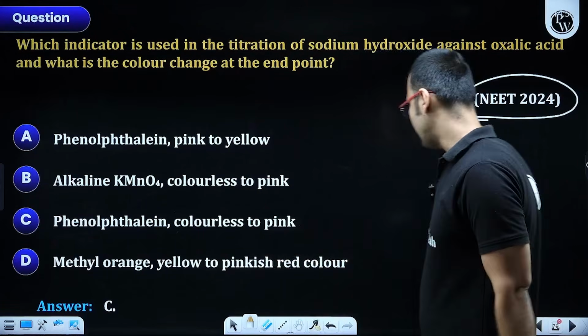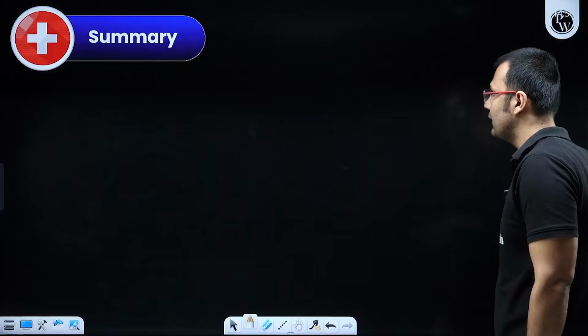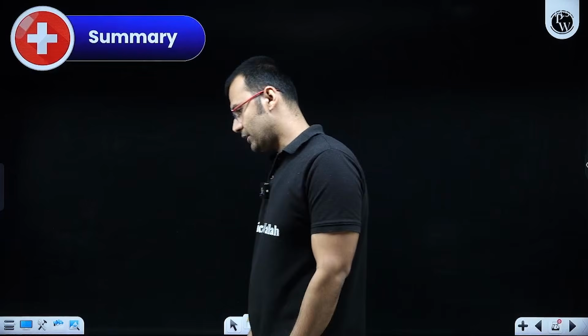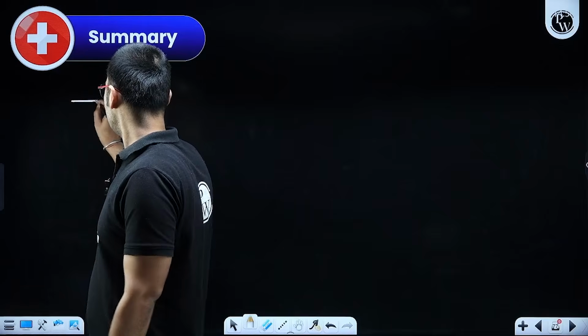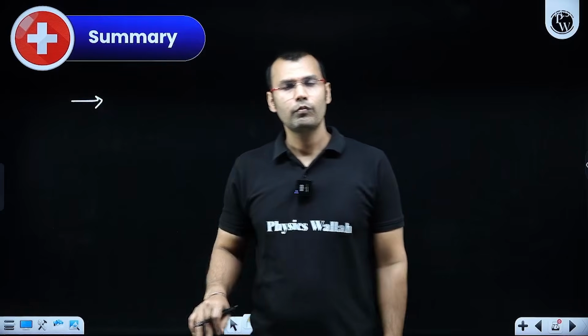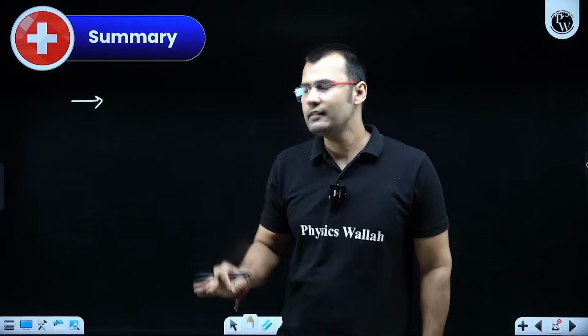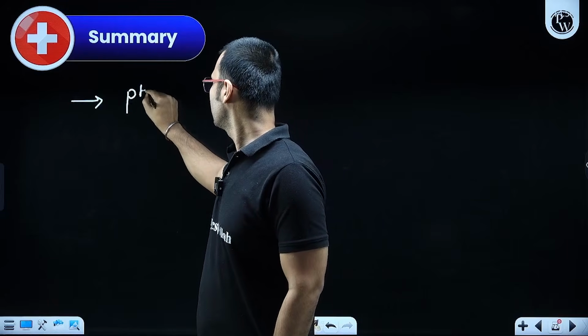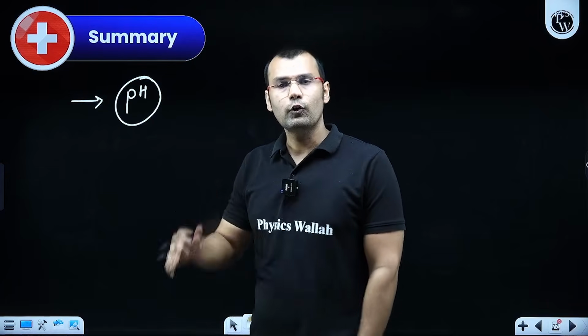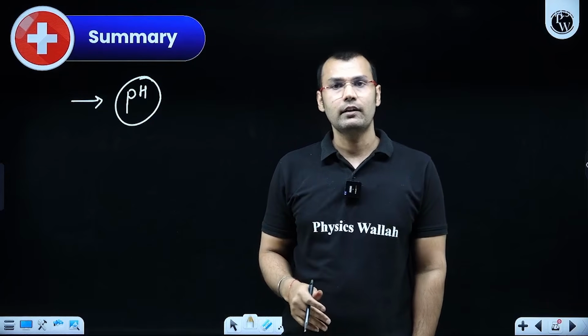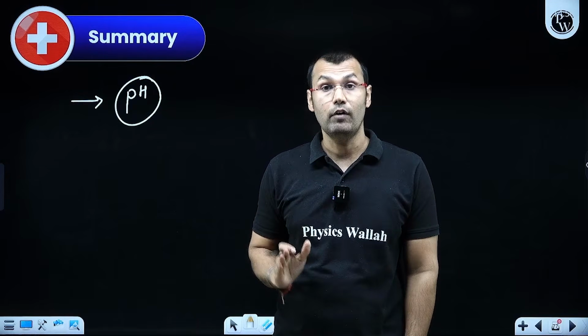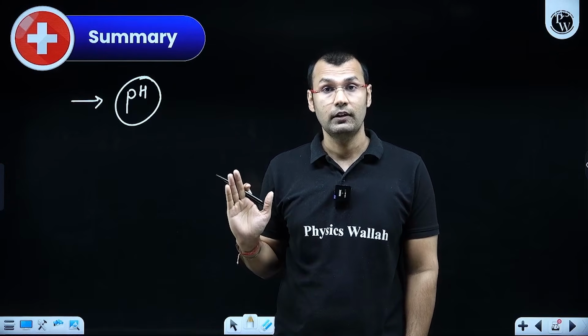So now the point is, we are done with the ionic equilibrium chapter, and overall if you notice, the major part of this chapter is regarding pH calculation, right? So the technique of pH calculation, the formulas of salt, buffer, pH, right?